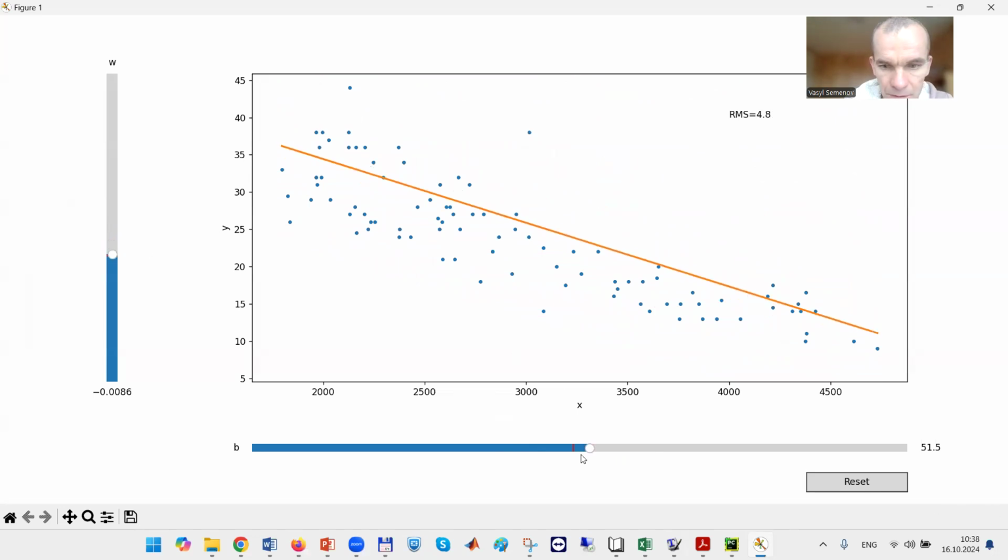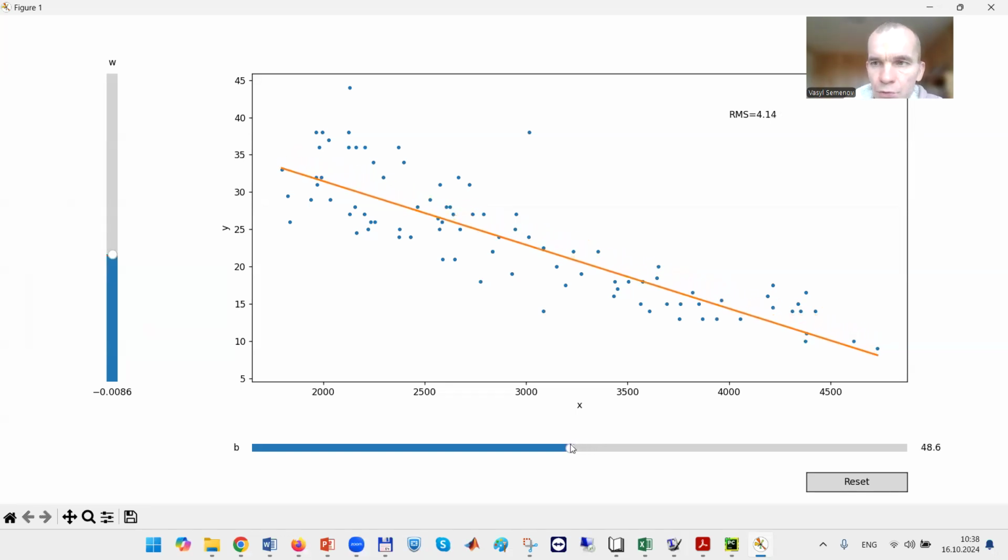So we must endeavor to find such parameters W and B which approximate our data points as closely as possible. For example, here you can see that the error reduces to 4.14. It could be very close to the desired W and B.